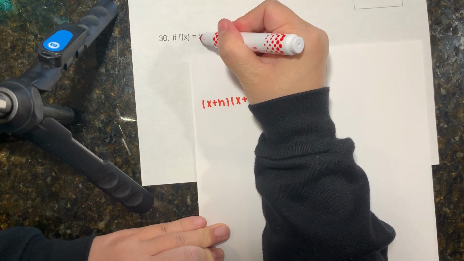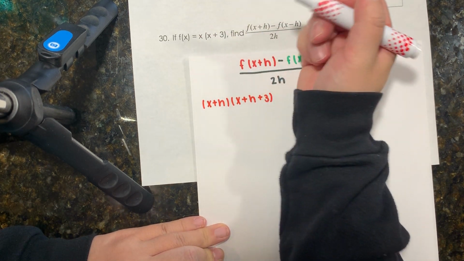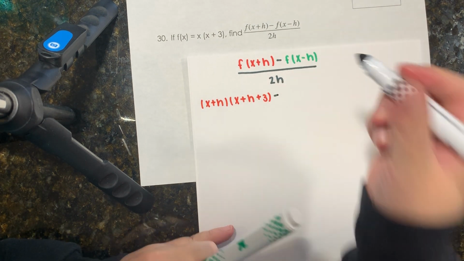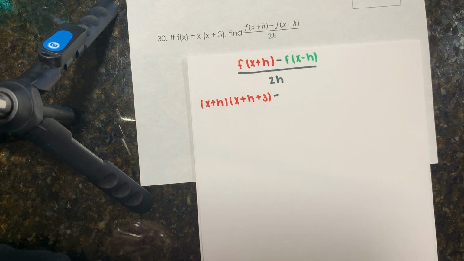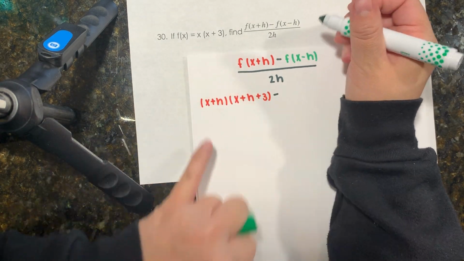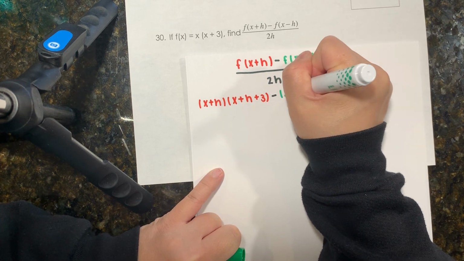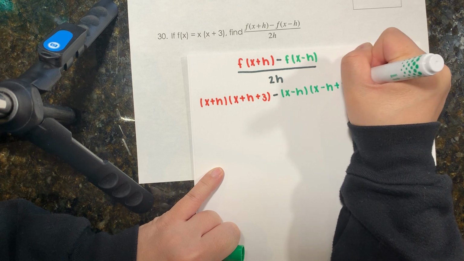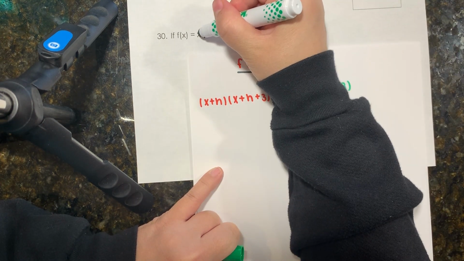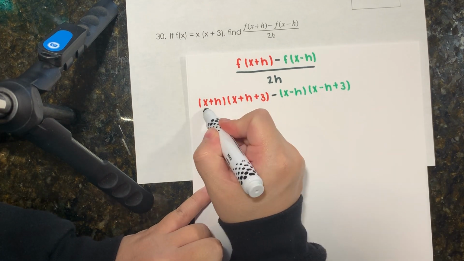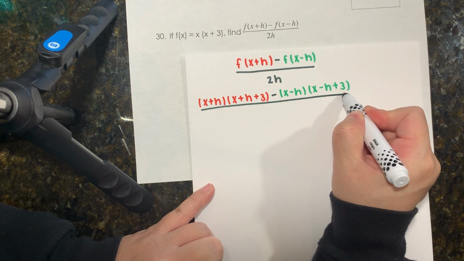I replace the x with x plus h, this x with x plus h, and that's what you get for your f function, or for your red function. Now for green, same thing, but you're replacing these x's with x minus h, so it would be x minus h times x minus h plus 3. So replace this x with x minus h, this x with x minus h. That's all going to be over 2h.